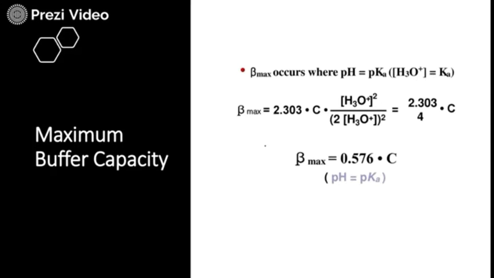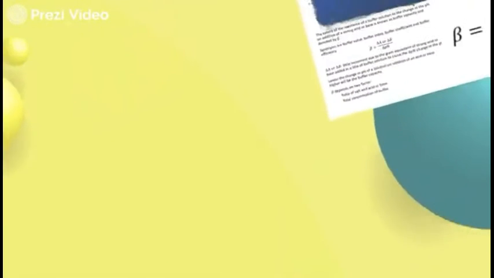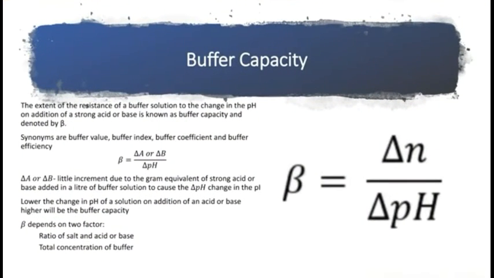The buffer capacity is defined as the ratio of the increment of strong acid or base to the small change in pH brought about by this addition. The buffer capacity is expressed as beta is equal to delta B upon delta pH, where delta B is a small increment in gram equivalent per liter of strong base or acid added to the buffer to bring about a pH change of delta pH.